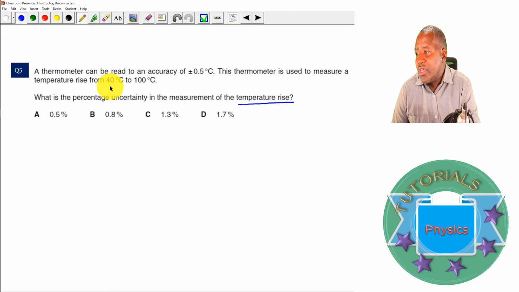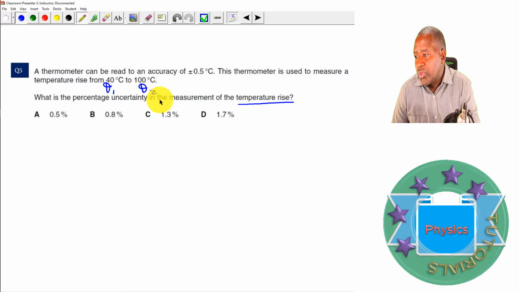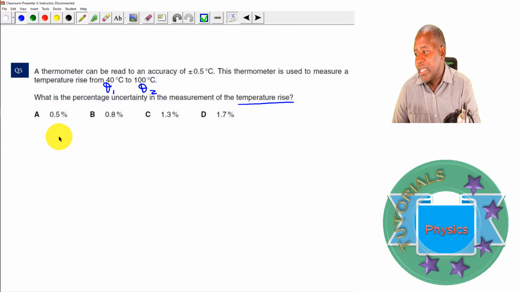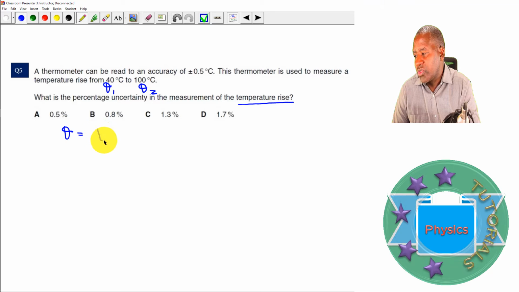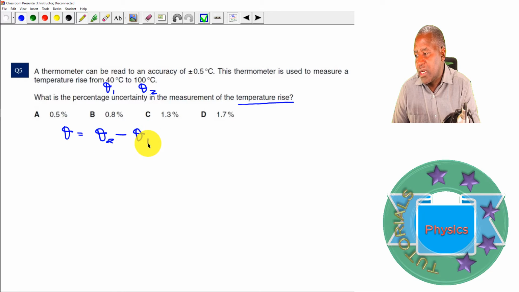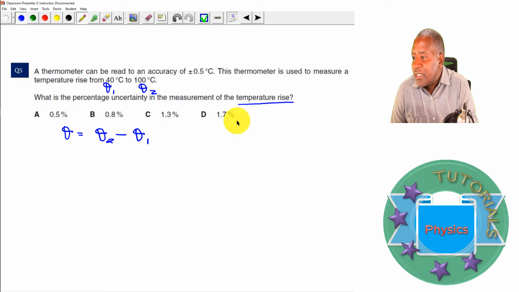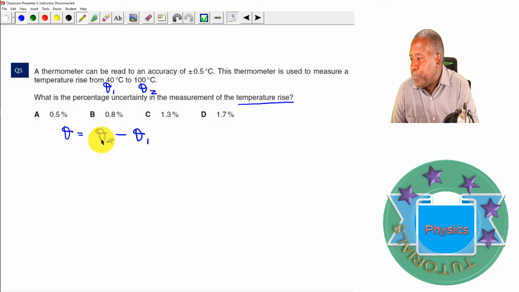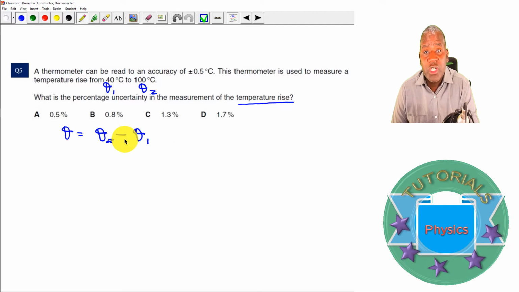So you can say this one is theta 1, this one is theta 2. We want the temperature rise, which we are just going to call theta. Theta is going to be equal to theta 2 minus theta 1. Now, the percentage uncertainty is asked for, so we need to see that our expression here involves subtraction.